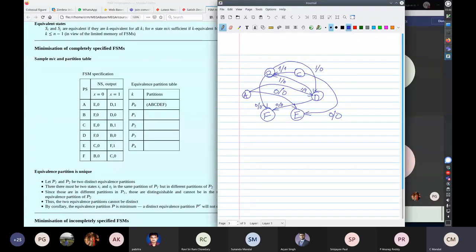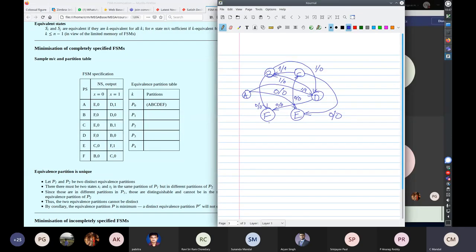From state E on input 0, sorry, I go to C. On input 0, I go to C and I output a 0.